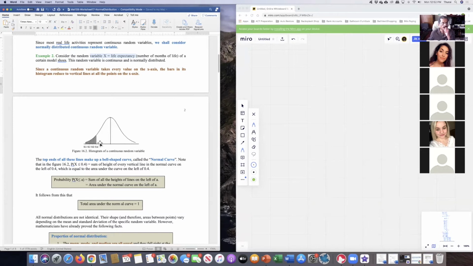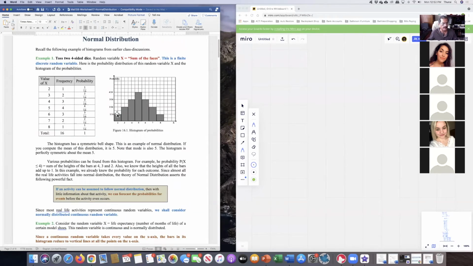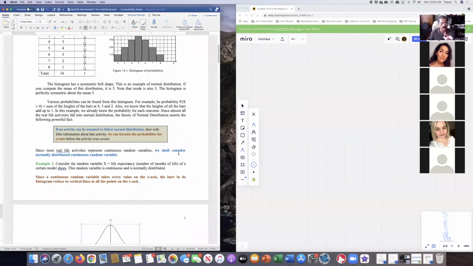If I actually draw that histogram and join the tops of all those vertical lines, I get this kind of curve, the curve looking like this. And that's called the normal curve. Now, we're basically joining the tops. If you join the tops of these bars also, you can see that it'll be a similar curve. But that's a discrete random variable.